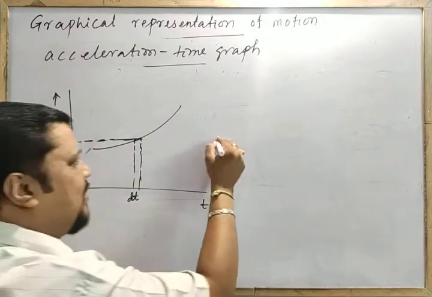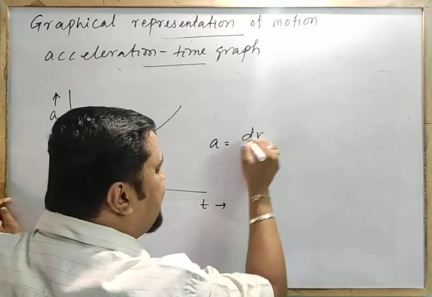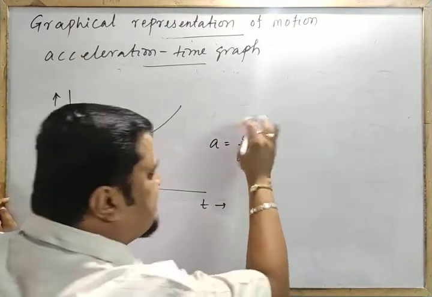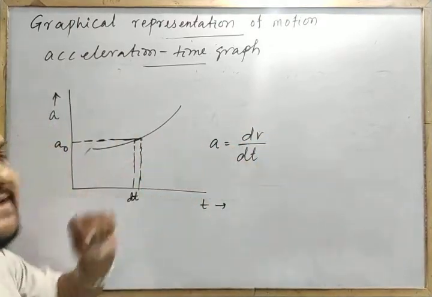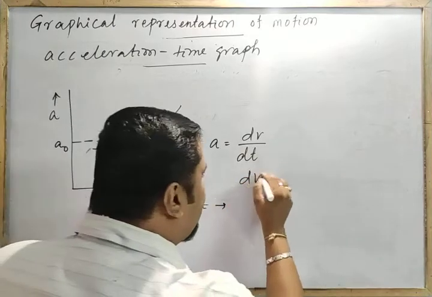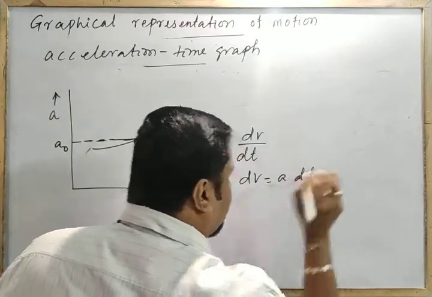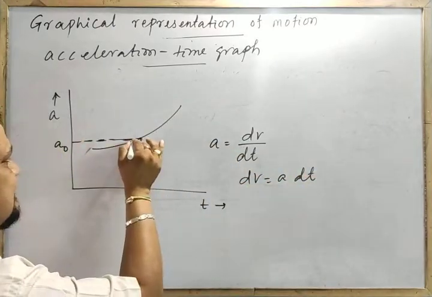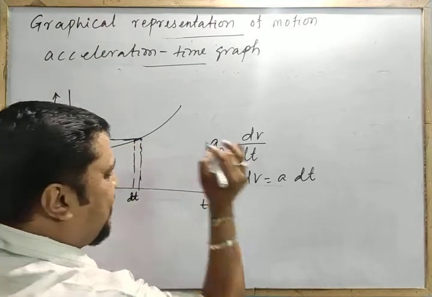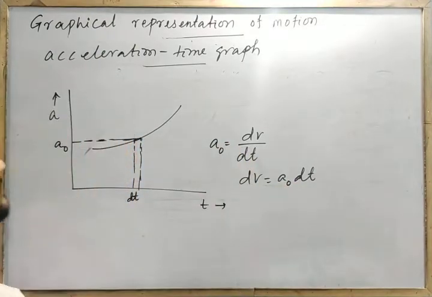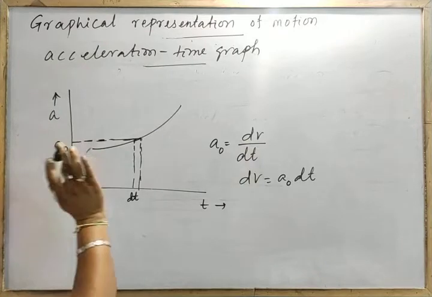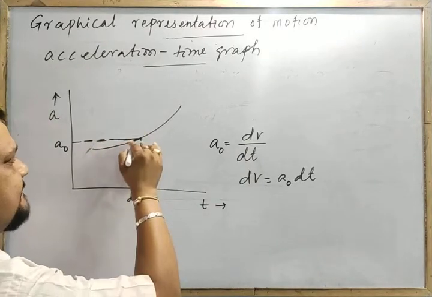As you know, a is equal to dv by dt, change in velocity by time, instantaneous acceleration. So dv is equal to a dt. Here, suppose a naught, so a naught means this line.